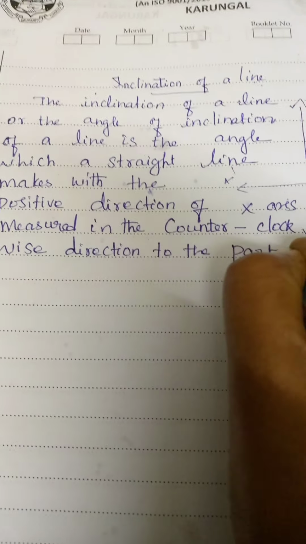Next, we have the definition: slope of a straight line. Write along with me.